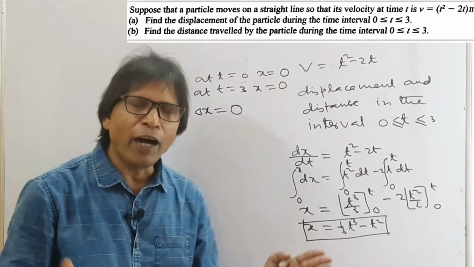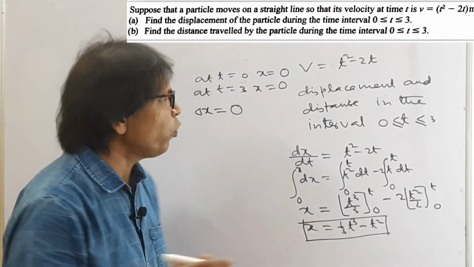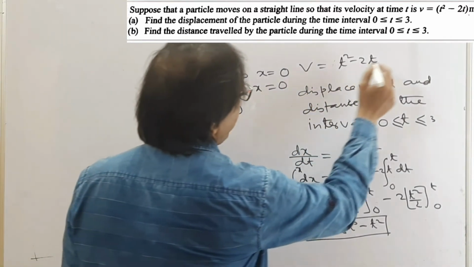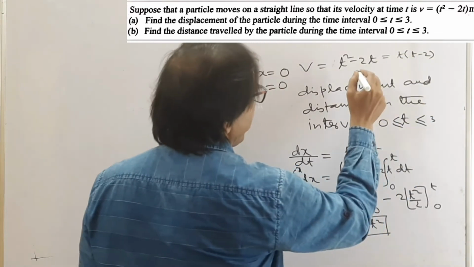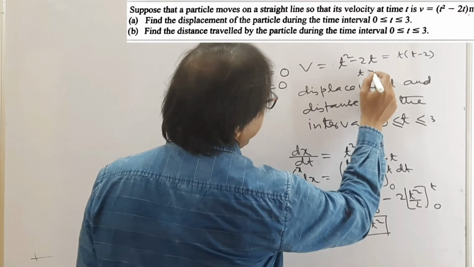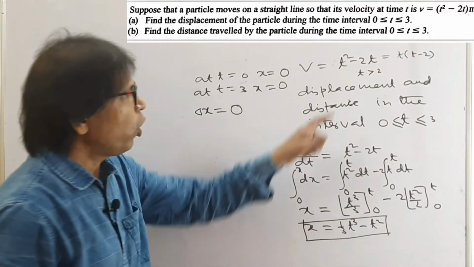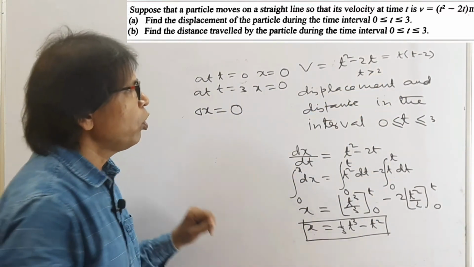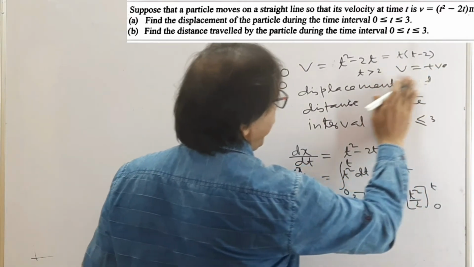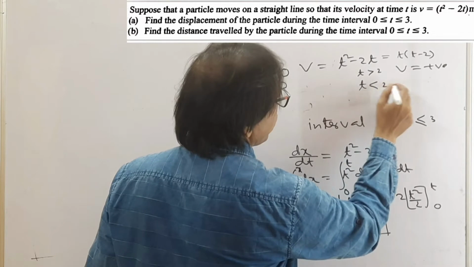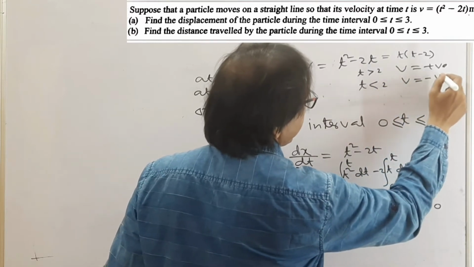Now the distance covered. First of all, factorize: v = t(t − 2). When t is greater than 2, v is positive. When t is less than 2, v is negative.